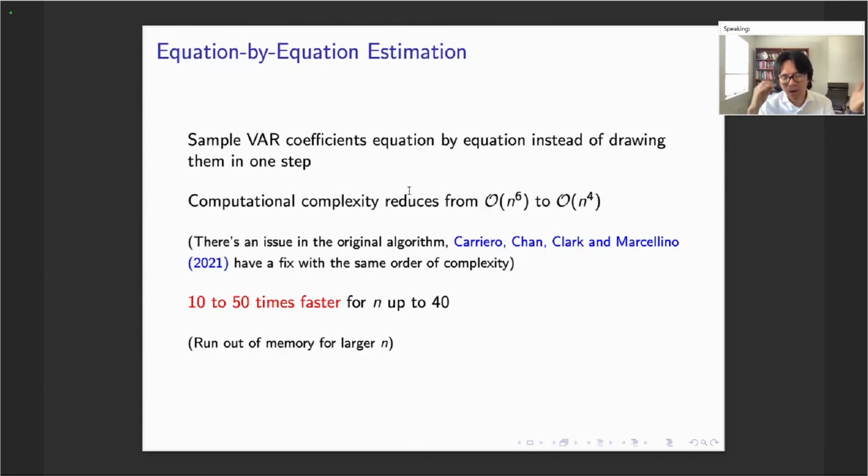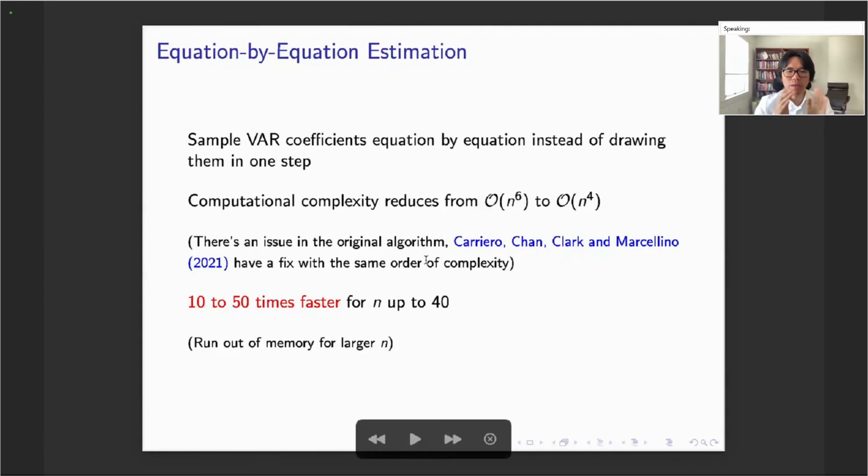So if you have a big covariance matrix of n squared by n squared and do any manipulation to it, like finding the Cholesky factor, the best algorithm has complexity that is the cube of the dimension of this matrix. So you have n squared coefficients, and to the power cube, you get n to the power 6. But if you do it for one equation at a time, one equation only has order n coefficients, so you cube it, but you do it n times, so you get n to the power 4. Essentially, that's the idea.